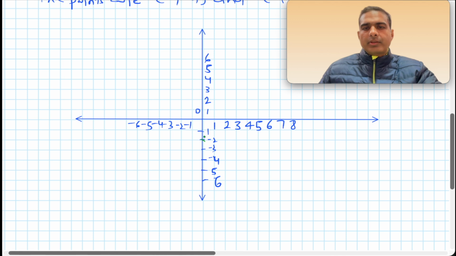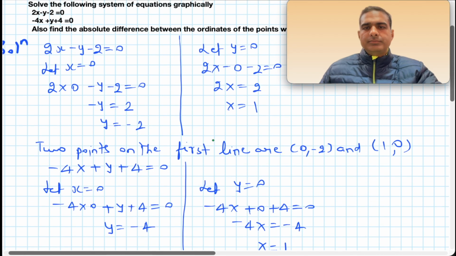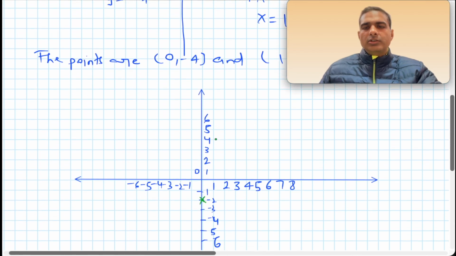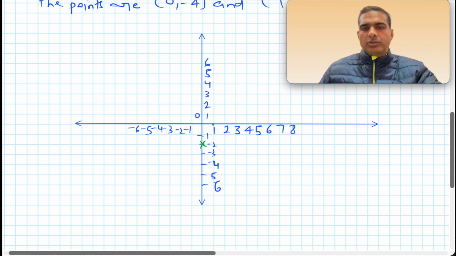So on y-axis at y is equal to minus 2 is 0 comma minus 2, and the second point was 1 comma 0. So y is 0, so it would be lying on x-axis. So these are the 2 points from where the first line is passing through. So we will join these 2 points and we will extend it on both the sides.